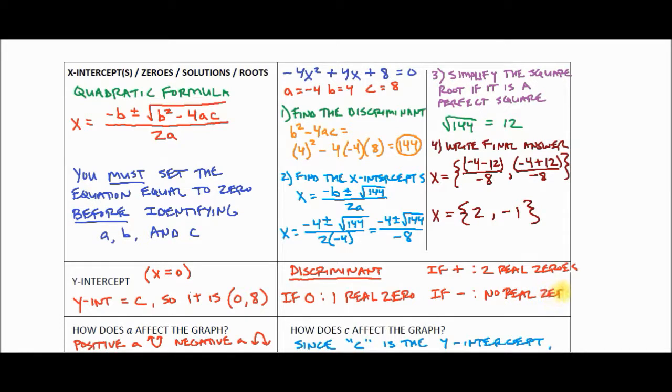By real, we mean real numbers. So what we're learning is, when you find the discriminant, if it's positive, that means you're going to find two x-intercepts. If it's 0, you're going to end up with one x-intercept. If it's negative, then your parabola never crosses the x-axis. That means there are no real zeros. You can't find the value of a negative number. If you square root it, you cannot get a square root of a negative number that's a real number.